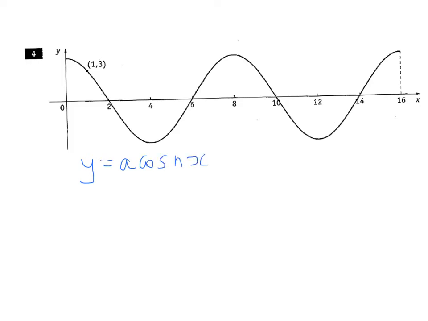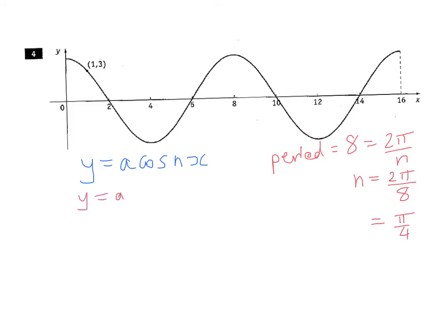Let's find the period. The period equals 8, and that's 2 pi on n. So n is going to be 2 pi on 8, just rearranging and making n the subject, which simplifies to pi on 4.